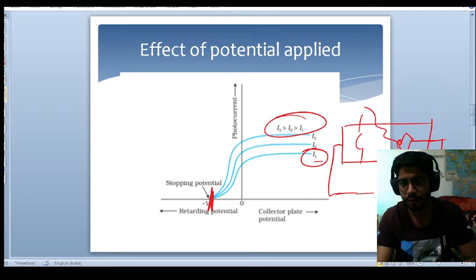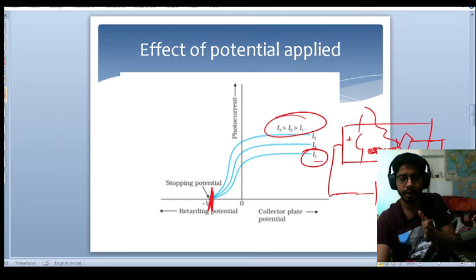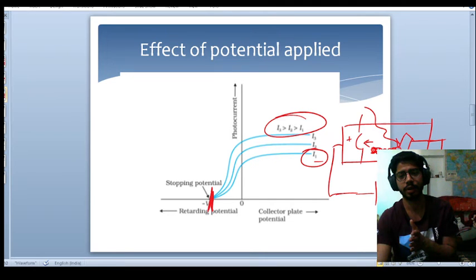We all know the electron will come out from the plate in this direction, and the minimum potential required to stop the electron from reaching the detector plate is the stopping potential.